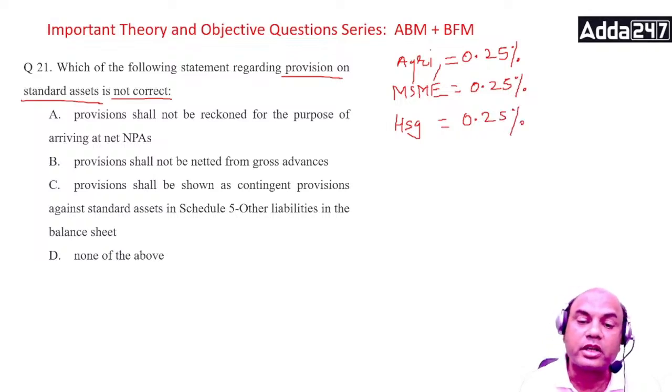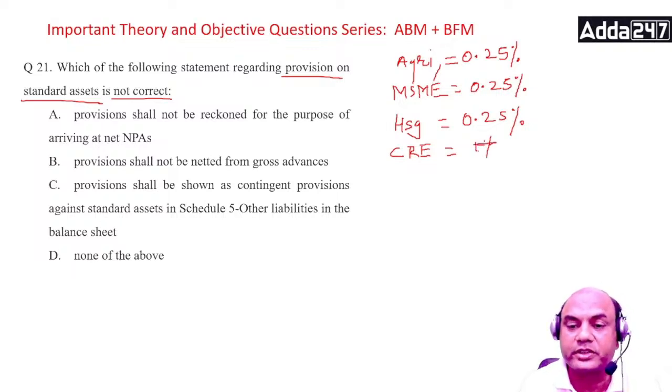For commercial real estate, CRE we call it. What is the provisioning? The provisioning is 1%. Sorry, 0.75%. This one, yeah, it is 1%. And CRE-RH, commercial real estate under residential housing, that is 0.75%.